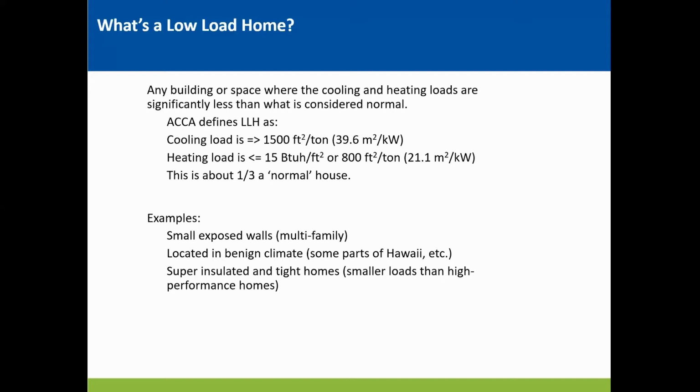Now, in heating, it's a similar situation. You're looking at 800 square feet per ton for heating, and that's typically with a heat pump in these low load homes. Although there are some low capacity gas furnaces available too, but not very many. So you're looking at really about a third of what you normally get, very low loads.